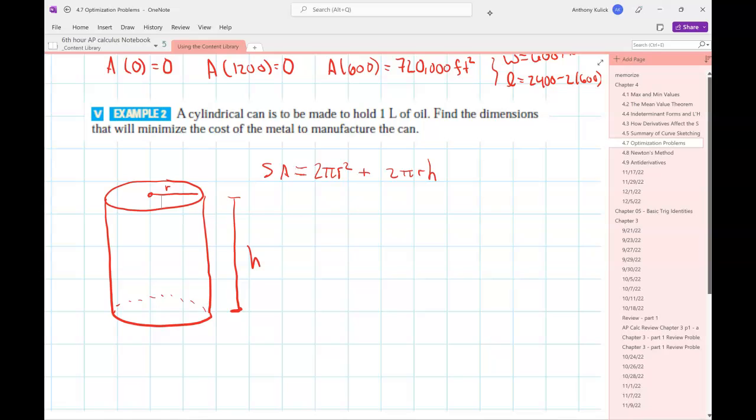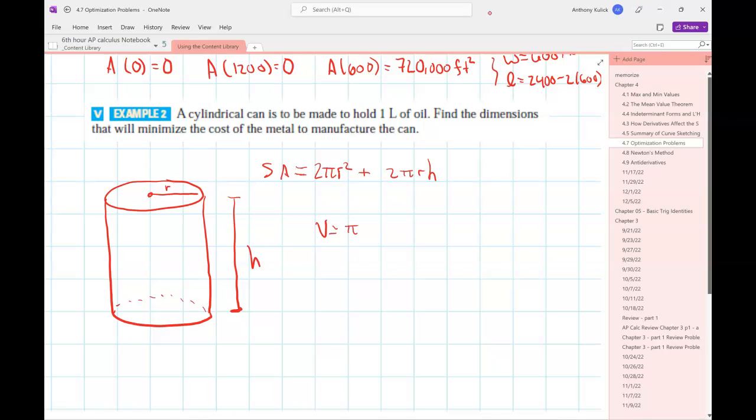What am I going to use to do that? Algebra. Great. What piece of given information haven't we used yet? Okay. The 1 liter is representing what kind of quantity? Volume.